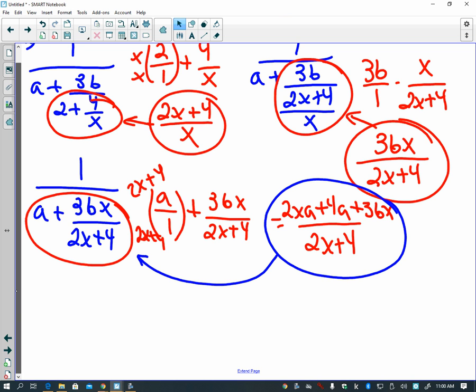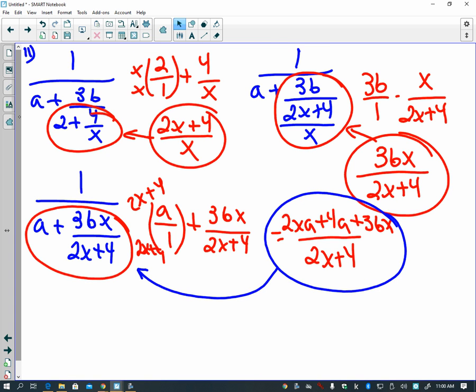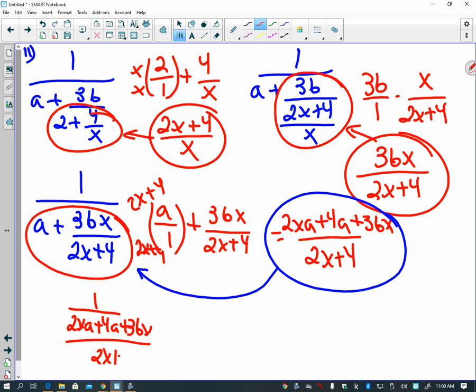Now here's the really nice thing, and let me shortcut you here. This is going to be 1 over 2xa plus 4a plus 3bx over 2x plus 4. So the math there is 1 over 1 times the reciprocal, right?